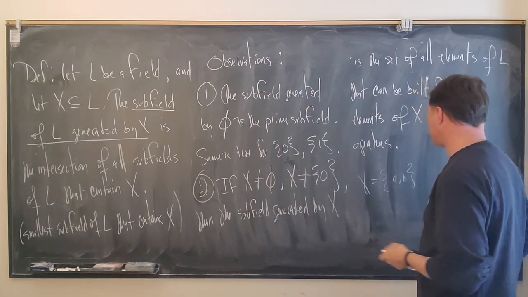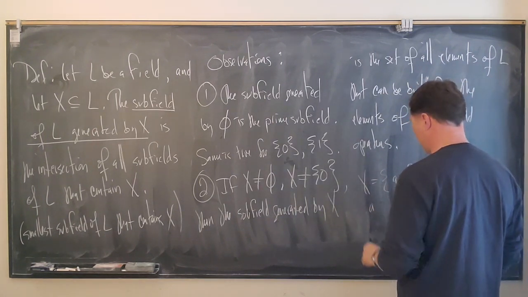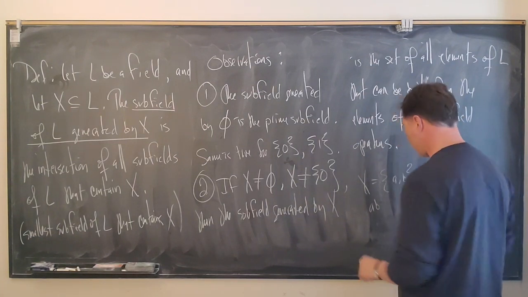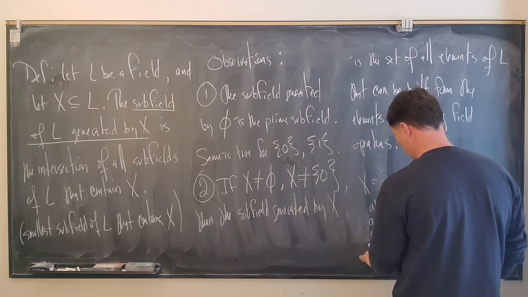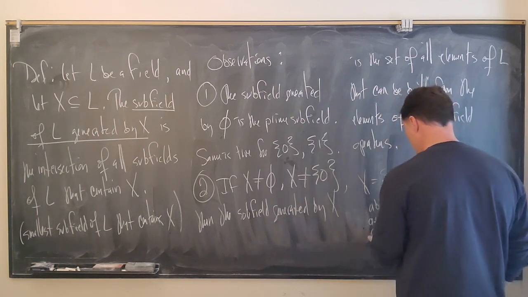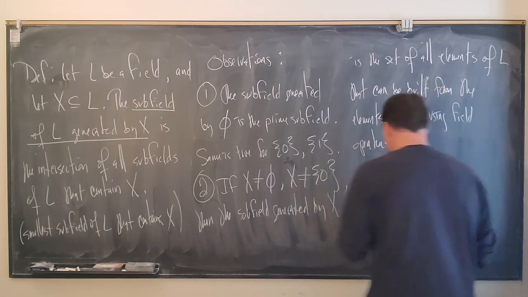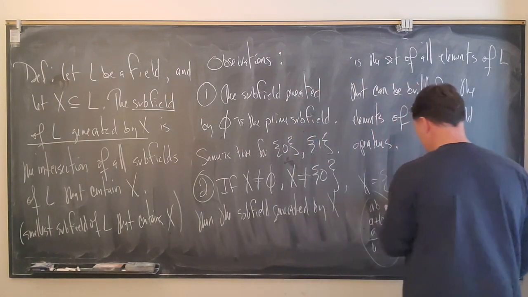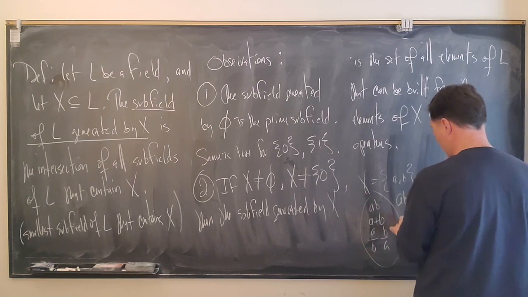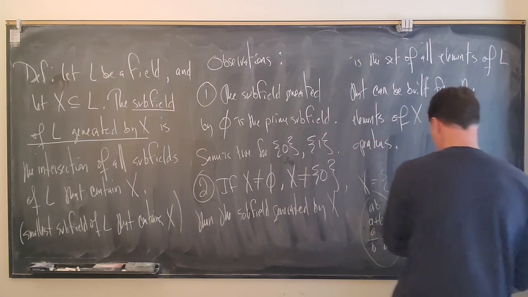Well, it needs to be closed, and so it needs to contain A times B, A plus B, A divided by B, assuming B is not 0, and B divided by A. And then it needs to contain AB plus A, and AB plus B, and AB times A, and so on.